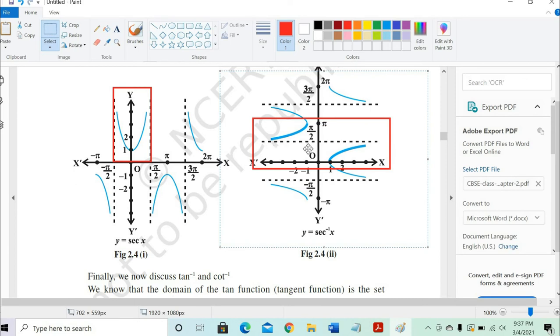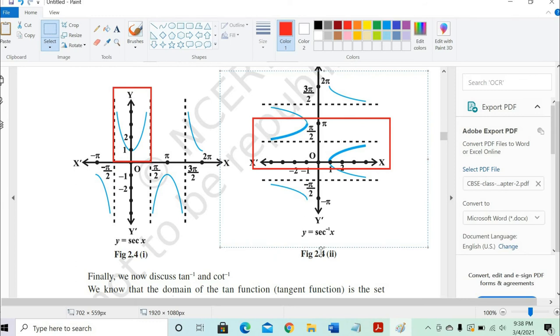Next, when you go from pi by 2 to pi, the cos is negative in the second quadrant. So cos value will come from minus infinity to minus 1.